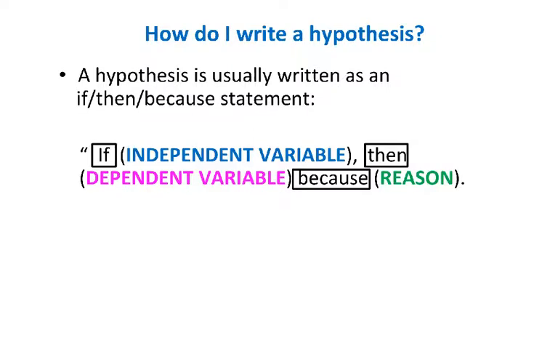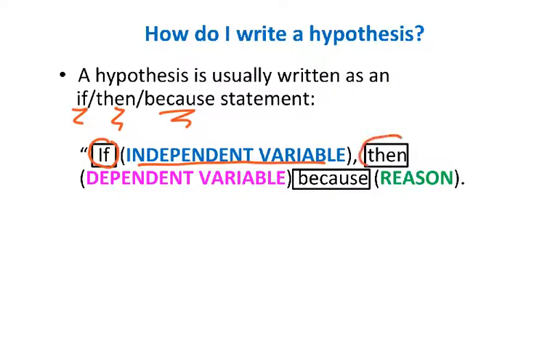Okay, how do I write a hypothesis? A hypothesis is usually written as an if, then, because statement. If, then, because. After the if is where you want to talk about your independent variable, and we're going to use the color blue for the independent variable.